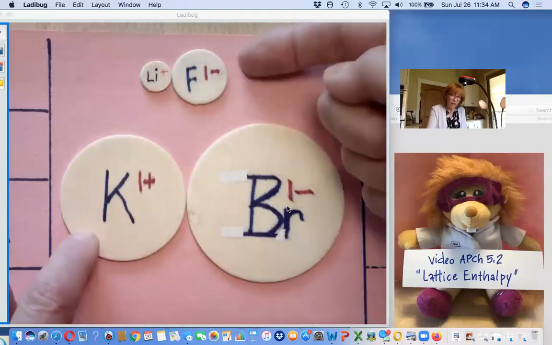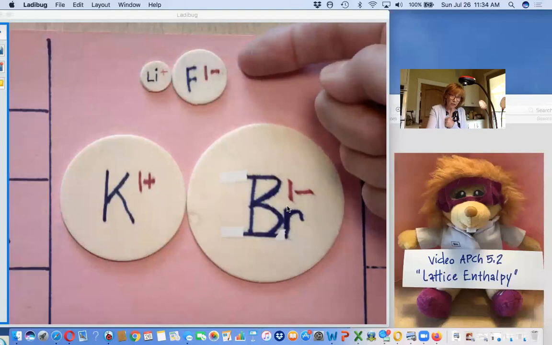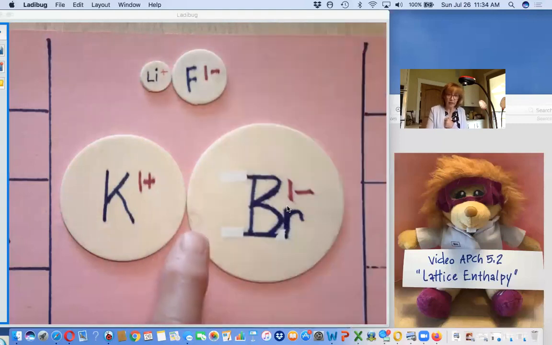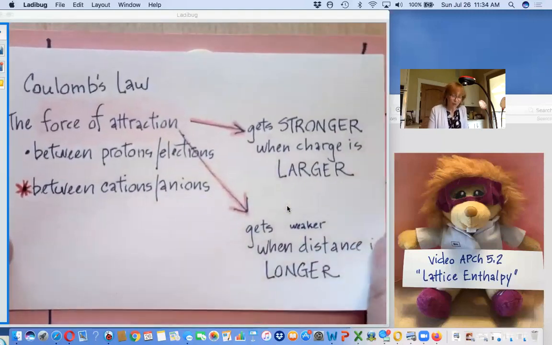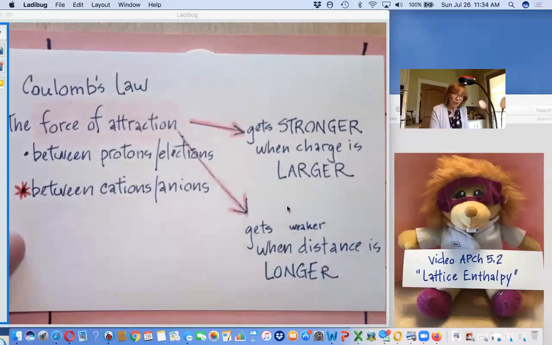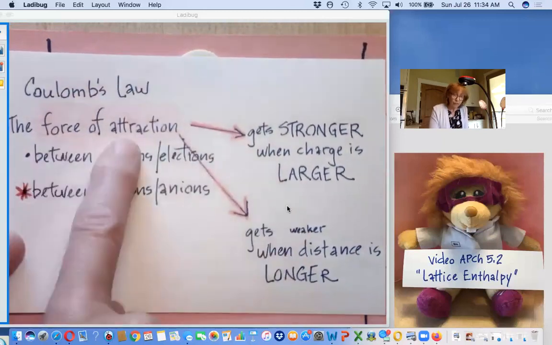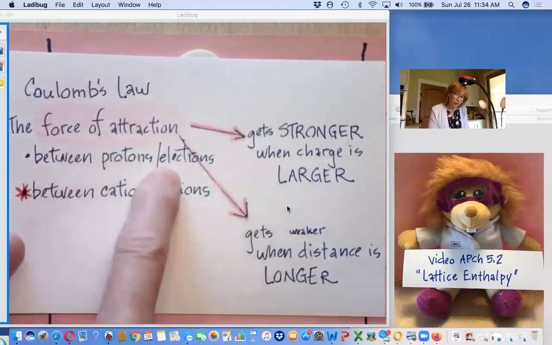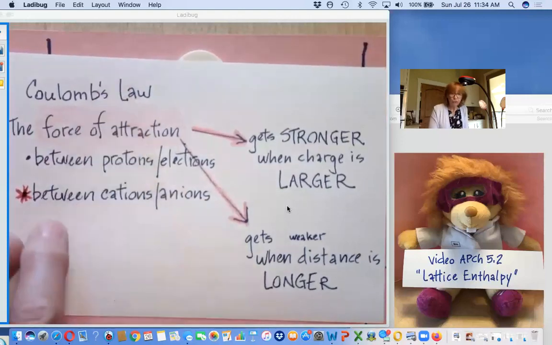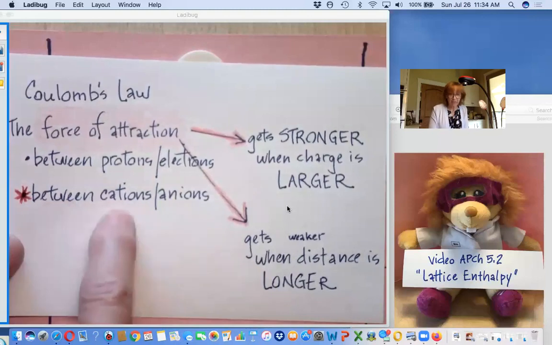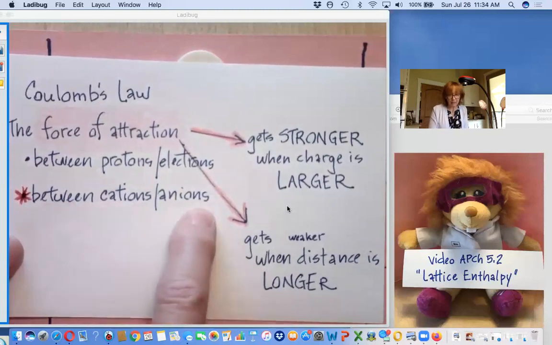Is this lattice enthalpy greater, or is this lattice enthalpy greater? If you're asked to make that prediction, we're going to use Coulomb's law, our friend Coulomb's law. Now, we've been using Coulomb's law thus far to talk about the force of attraction between protons and electrons. Coulomb's law is equally valid to talk about the force of attraction between positive cations and negative anions.